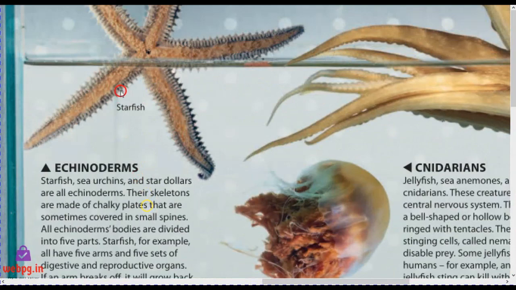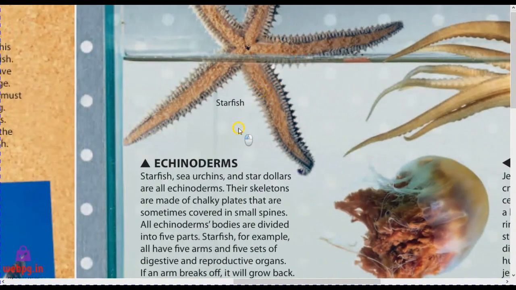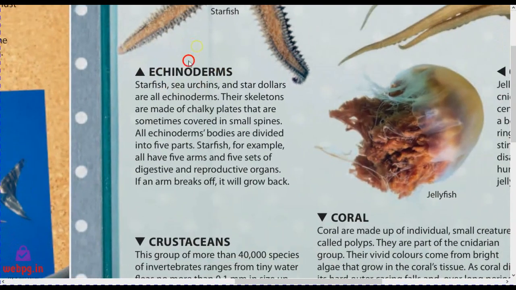Here is the starfish, nice looking. Starfish, sea urchins, and sand dollars are all echinoderms. Their skeletons are made of chalky plates that are sometimes covered in small spines. All echinoderms' bodies are divided into 5 parts.